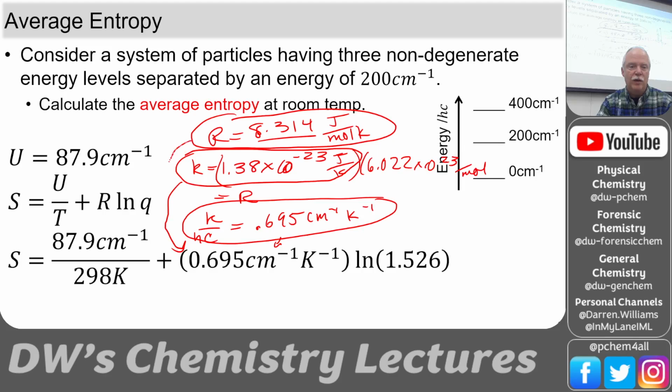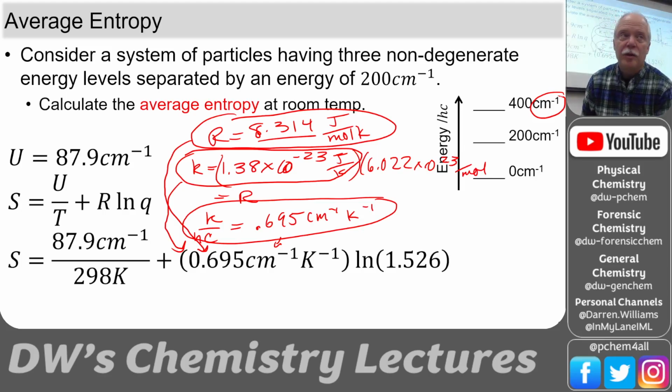So how do we know which one to use? We need to go over here to our energy level diagram and look at the units of energy that we have. In the problem, you might have energy levels separated by whatever joules. If it's joules, then you're going to use k. If it's joules per mole, you're going to use R. If it's wave numbers, you're going to use k over hc.